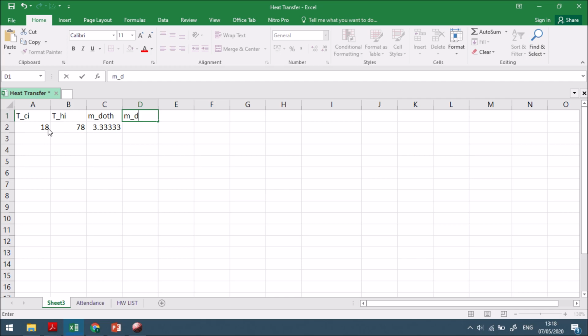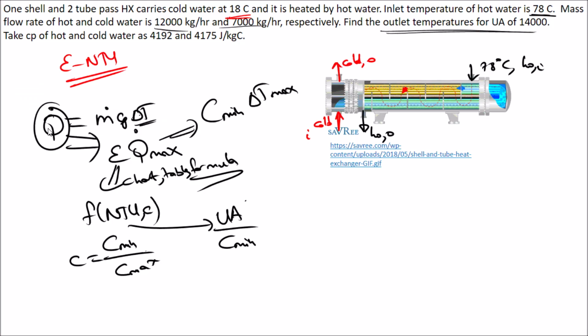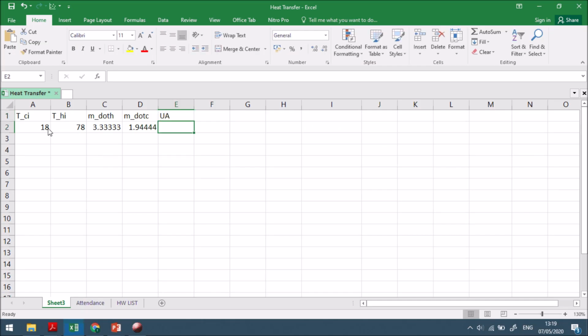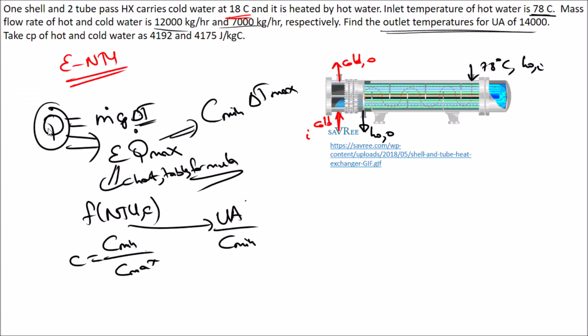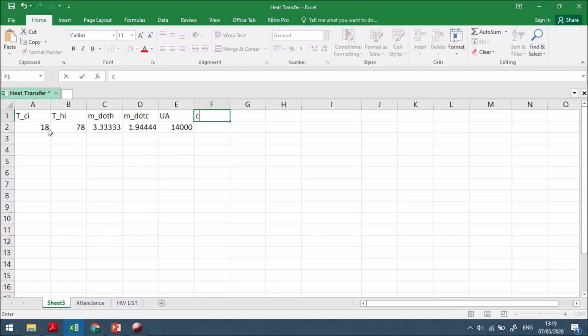M dot for the cold is 7,000 divided by 3,600, again to make it SI units. UA is given as 14,000, the Cp hot is 4192, and the Cp cold is 4175.